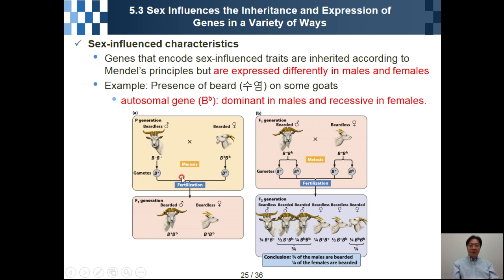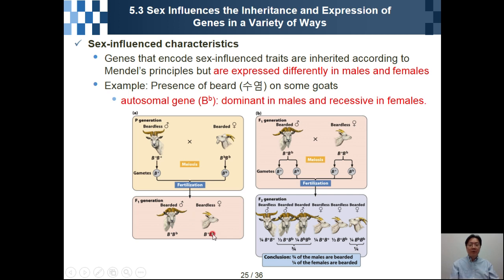So after fertilization, this one will make the B+, and this one will make a Bb. So after fertilization, we divide these cases into male or female. In the male case, the genotype will be B+ Bb, and they will show the beard because it is dominant in male.